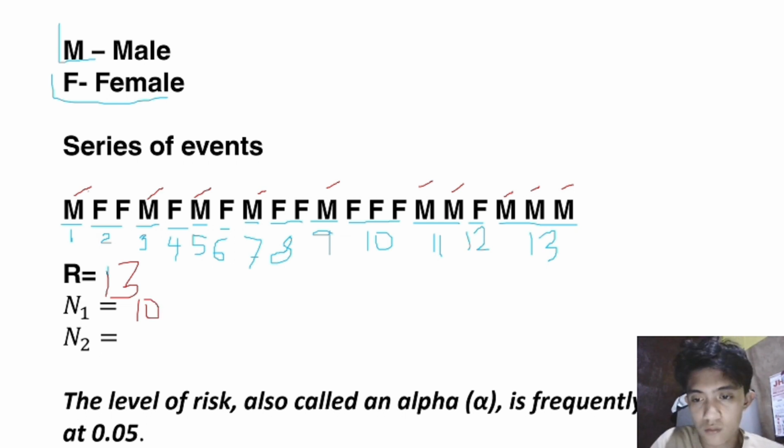And our n sub 2, which is female, we have 1, 2, 3, 4, 5, 6, 7, 8, 9, and 10.